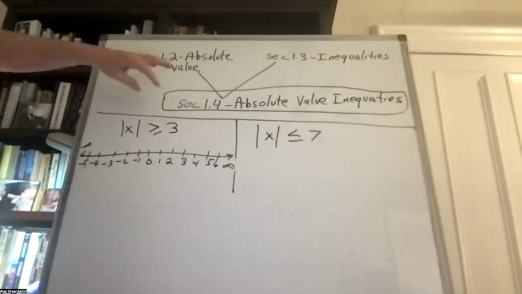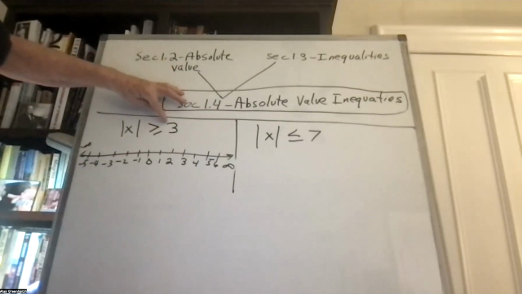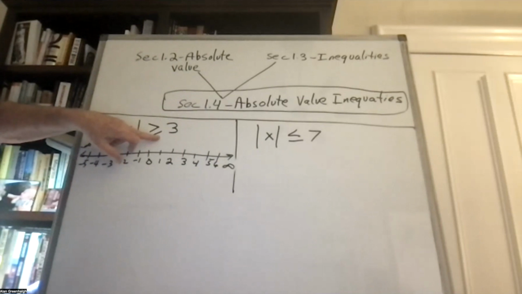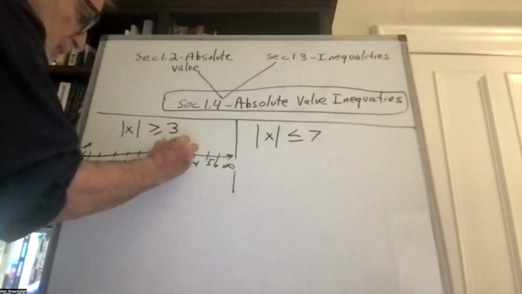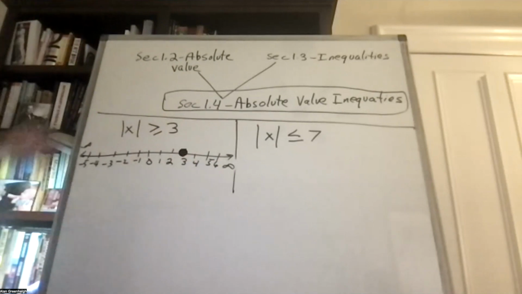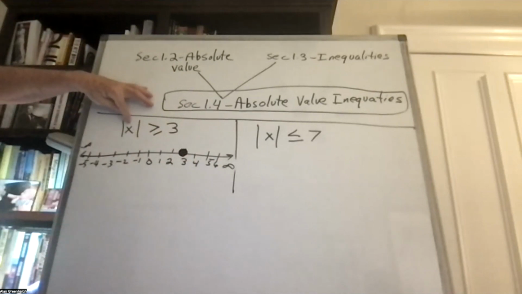So obviously the key number here is 3. Well, let's substitute values for x and see what it looks like. When x is equal to 3, 3 is good because 3 is equal to 3. So that's going to be part of the solution, right? Now, +4.